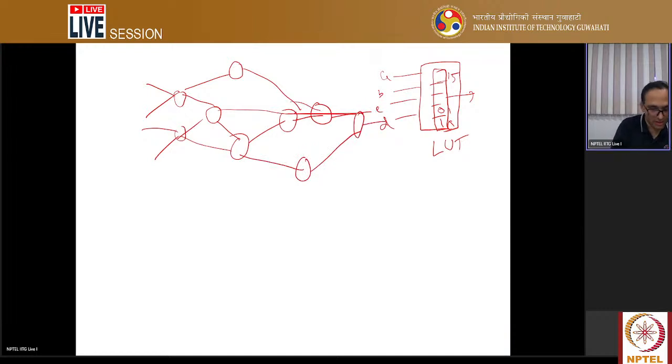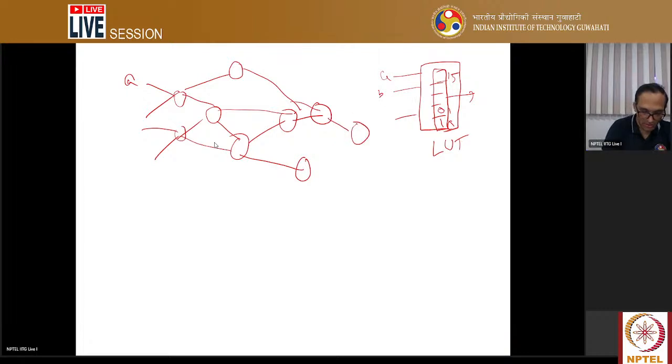So something like this, and now you have this circuit, and let me just clear this a little bit here. So what I'm trying to mean is this, right? So this is your design. Now if you try to map this design into LUT, what will you do?